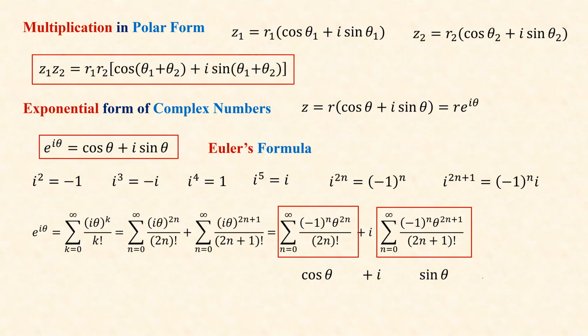I know I'm going a bit too fast, but it's a quick review of complex numbers, and we're going to do that pretty fast to get into analytic functions and all of that. So this is Euler's formula, which is one of the very interesting formulas in mathematics.